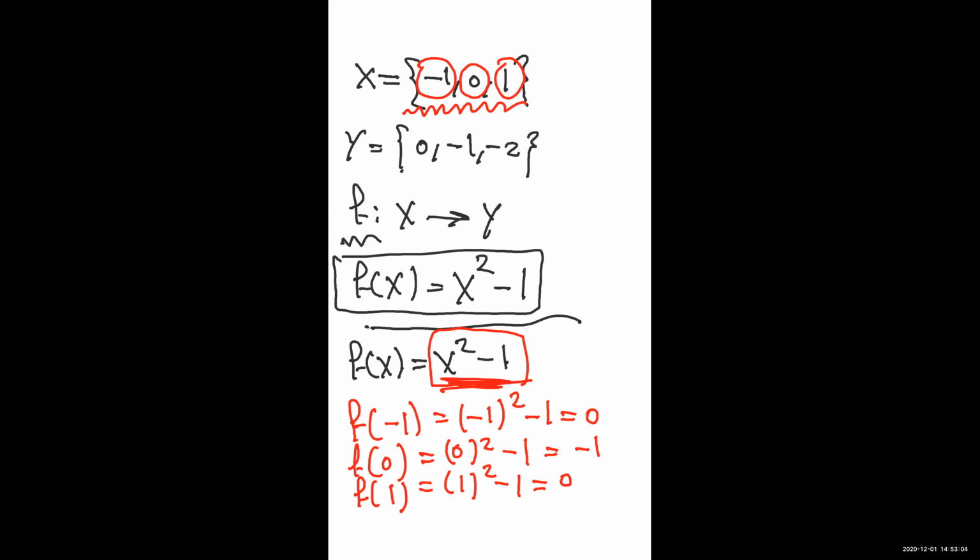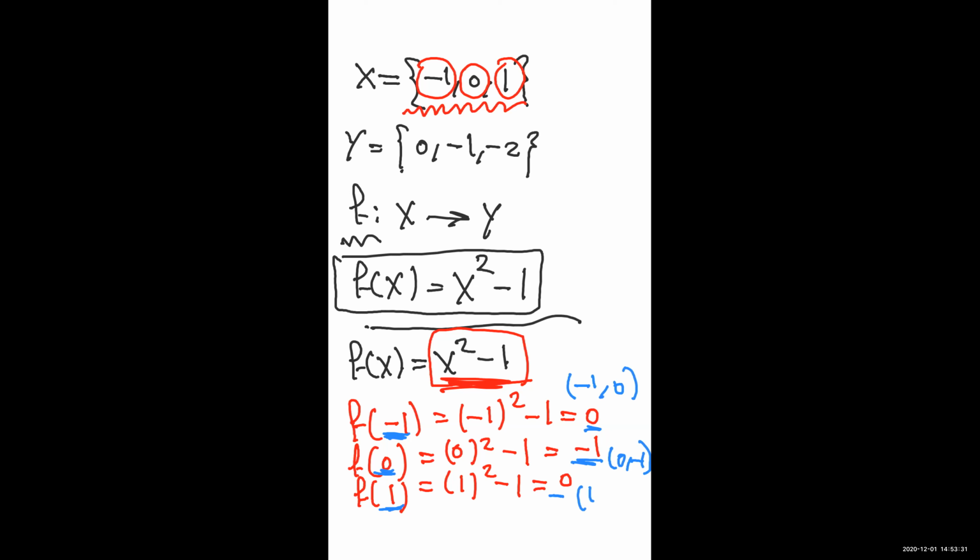Now, I will write down the set of the function. How to get the set of the function? F of -1 equals 0, so the first ordered pair is -1 and 0. F of 0 equals -1, so 0 and -1. Then the last one, 1 and 0.